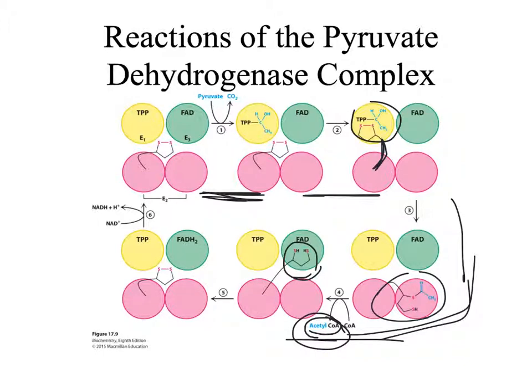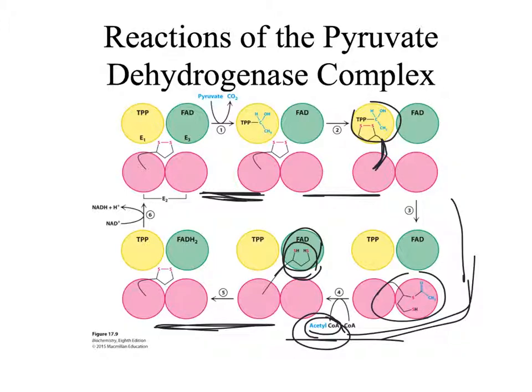So that dihydrolipoamide arm is going to swing to the active site of E3, and that E3 is going to catalyze the oxidation of that arm. And that's occurring in step 5. Okay? So it swings up into that E3, and then we're going to have that oxidation of that arm.